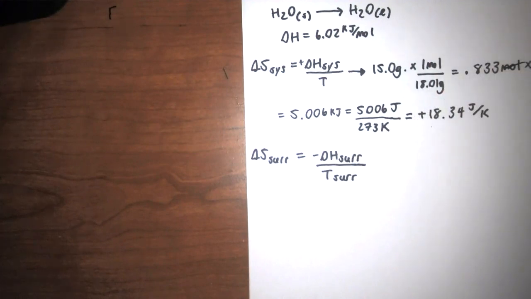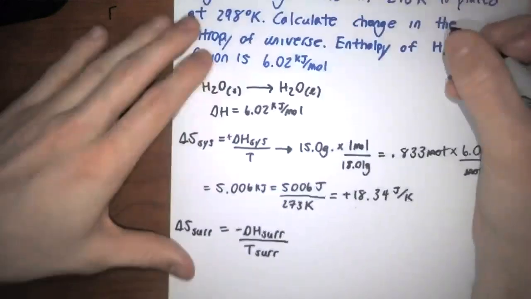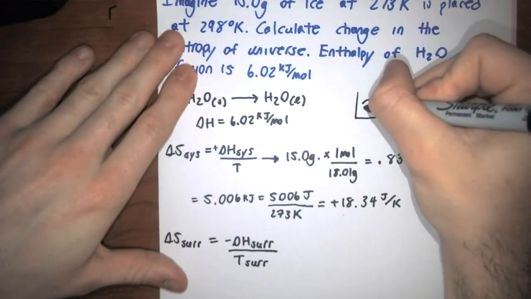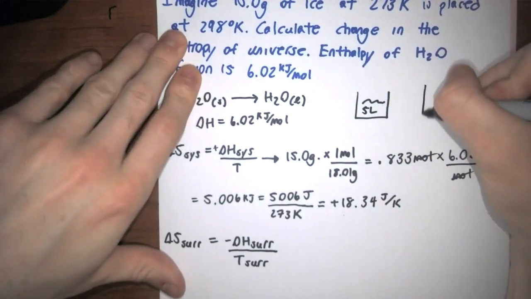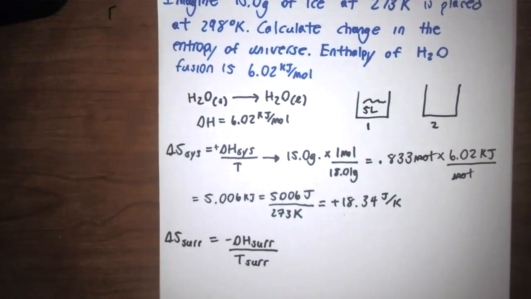If I took 5 liters, we're going to use something very easy. If I took 5 liters of water from a 5-gallon jug and I put it into a separate 5-gallon jug, I'll draw this out for you guys. So I have 5 liters of water here, and I have an empty jug. I have jug 1 and I have jug 2.